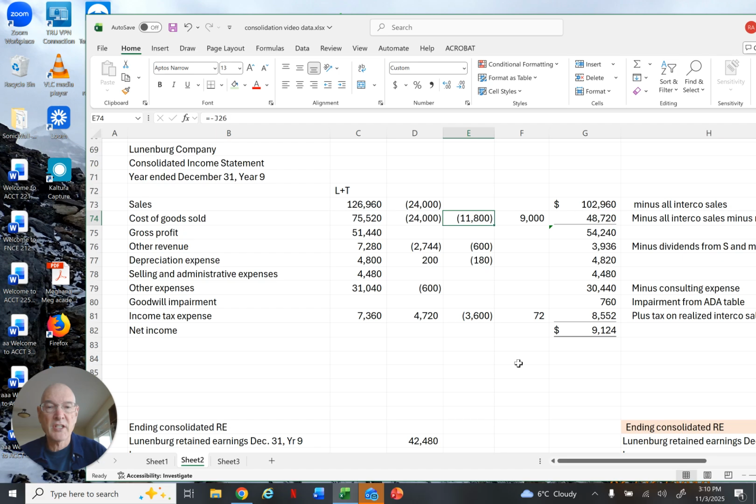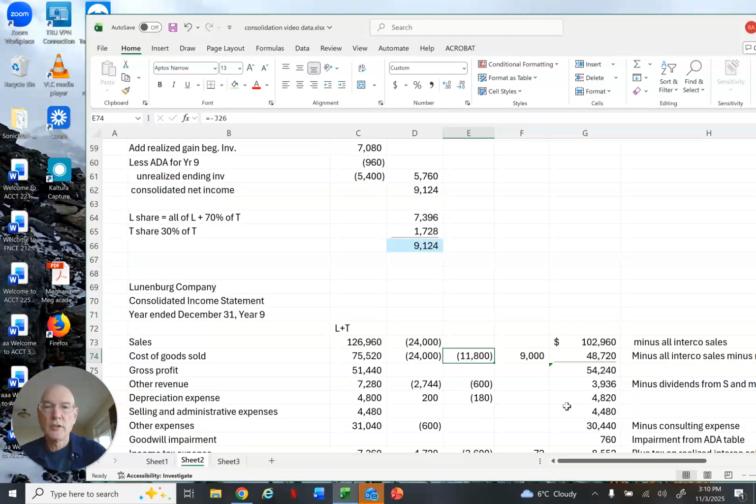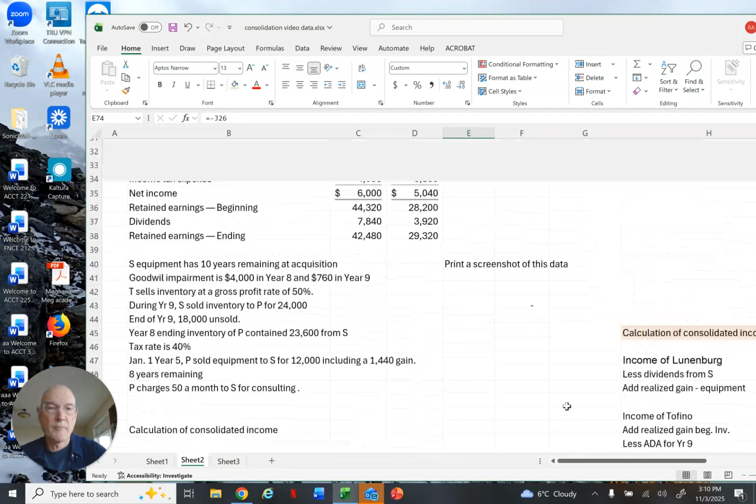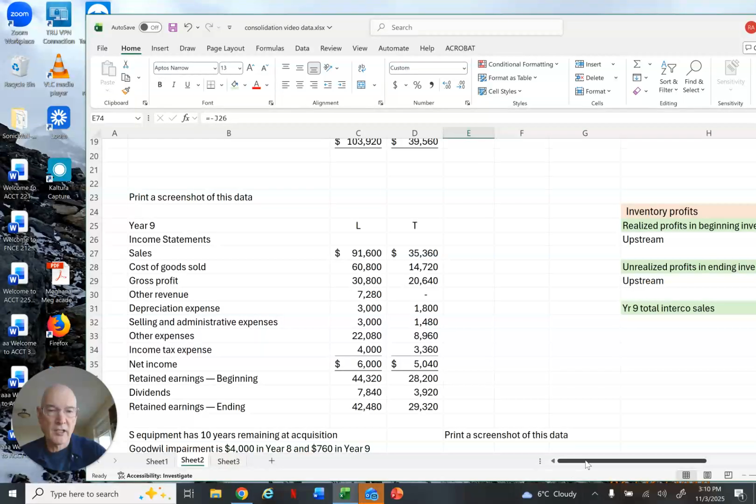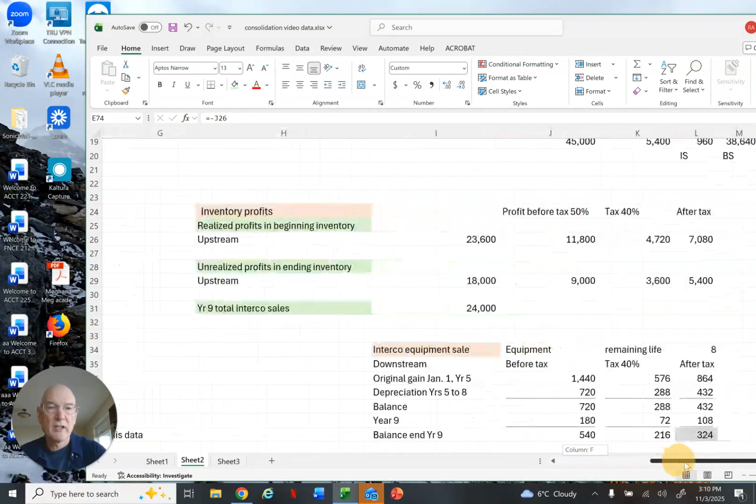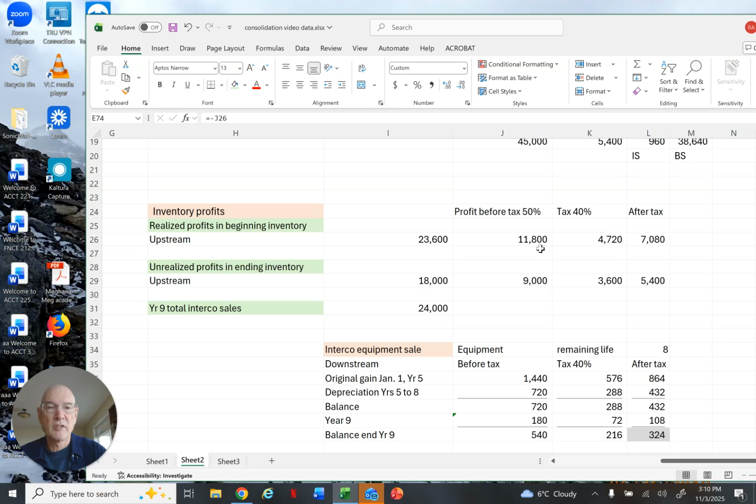So this 11.8 is the amount of unrealized profit from the end of year 8 that we did realize in year 9. So that number you're going to find in your table. Here's the 11.8 in the intercompany inventory profit table.